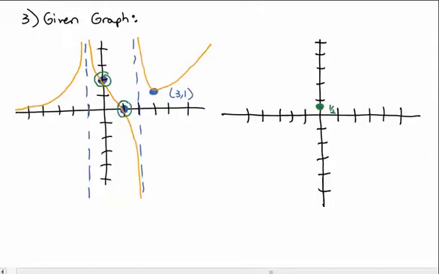The X intercept again becomes a vertical asymptote. 3, 1 is going to become 3, the reciprocal of 1. Well, the reciprocal of 1 is 1 over 1, so we actually still have the point 3, 1 on this graph.